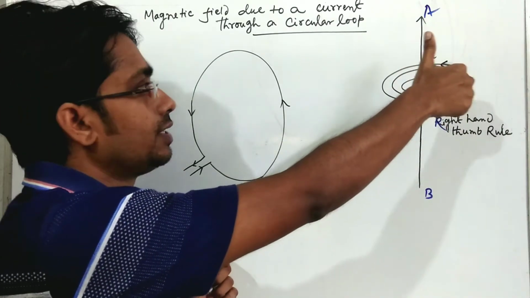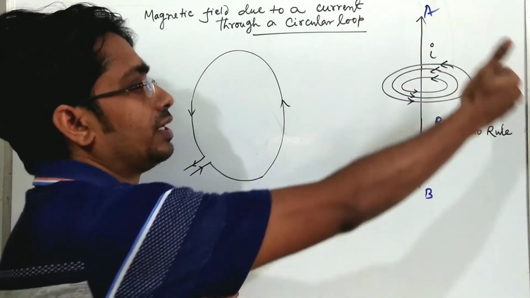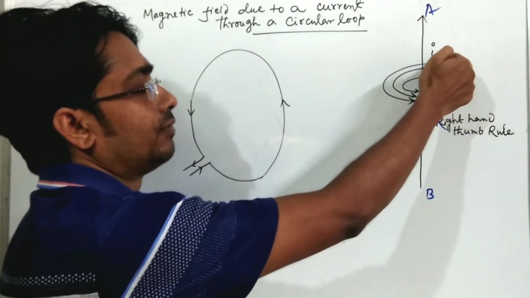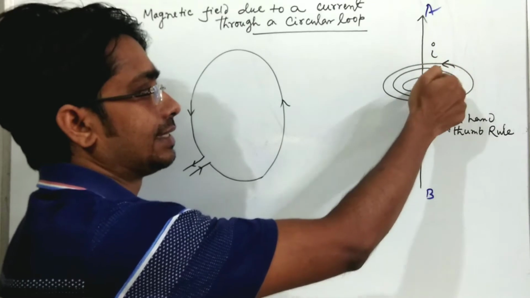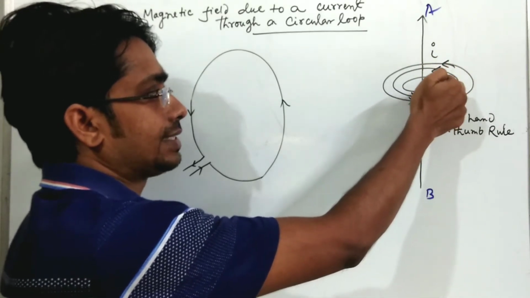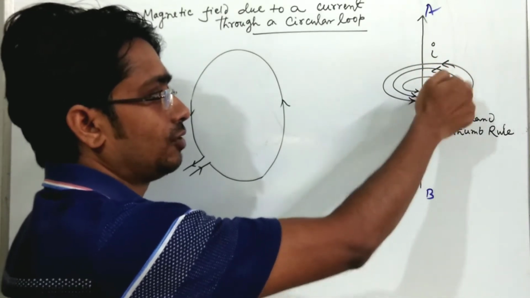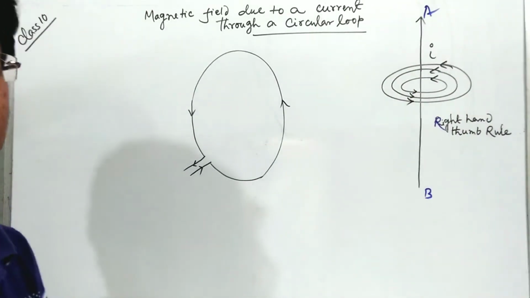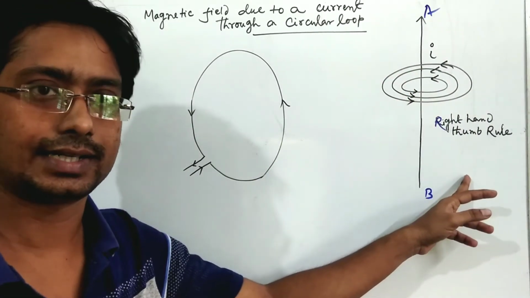Then the curled fingers give the direction of the magnetic field. That's why I have put the arrow in this direction. So this is the direction of the magnetic field due to a straight current carrying conductor.